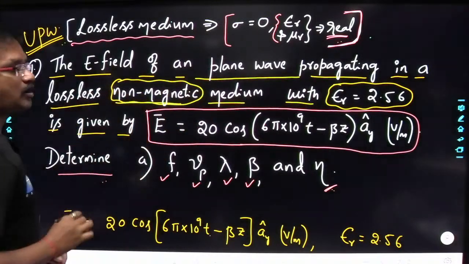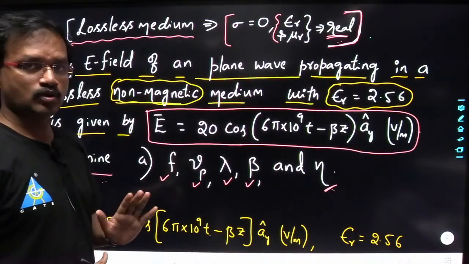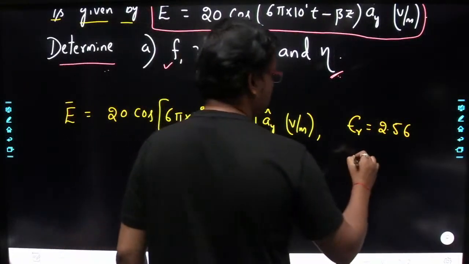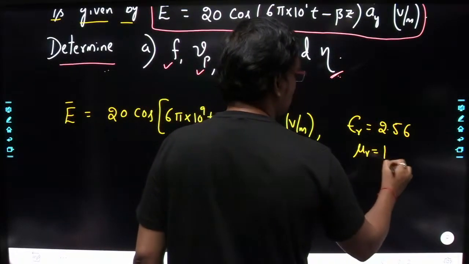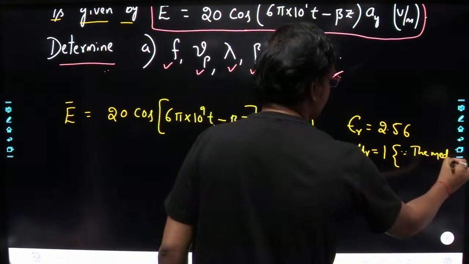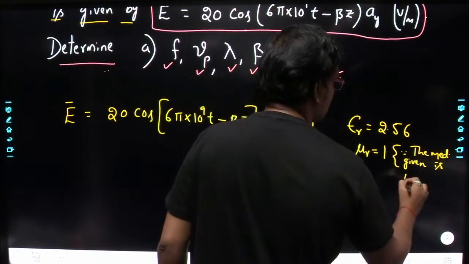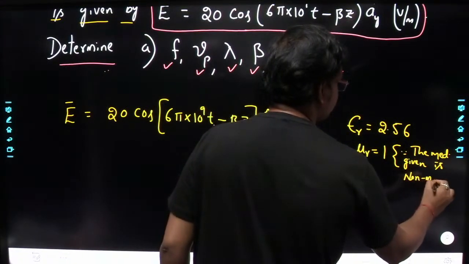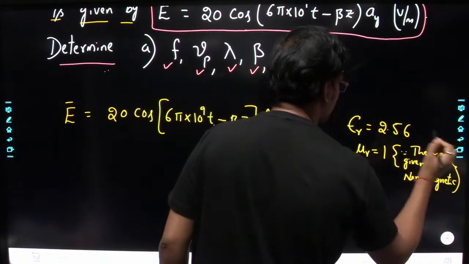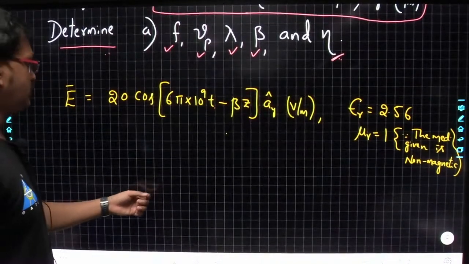Non-magnetic medium means the relative permeability of that medium is equal to 1. So since the medium given is non-magnetic, you can consider mu r is equal to 1, and hence mu r is equal to 1.